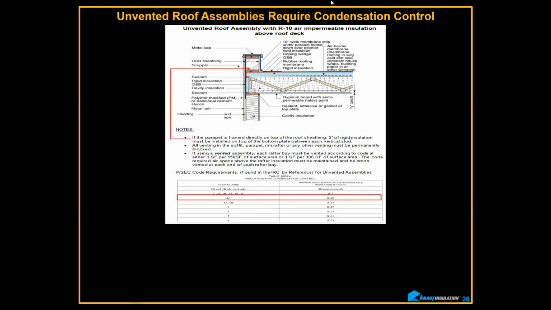And the key to this, when using any kind of fibrous insulation in the cavity, any kind, that could be rock, it could be glass, it could be cellulose, it could be wool, it could be denim, anything that's fibrous in this cavity right here has to be protected from condensing by putting enough insulation on the top.